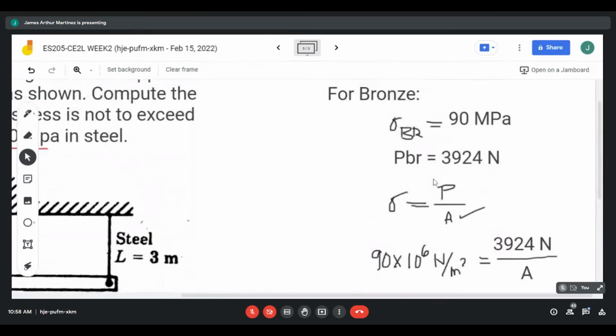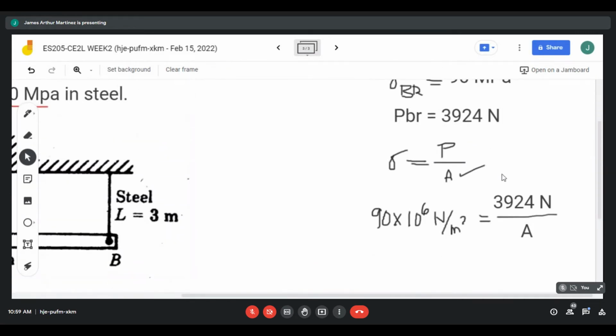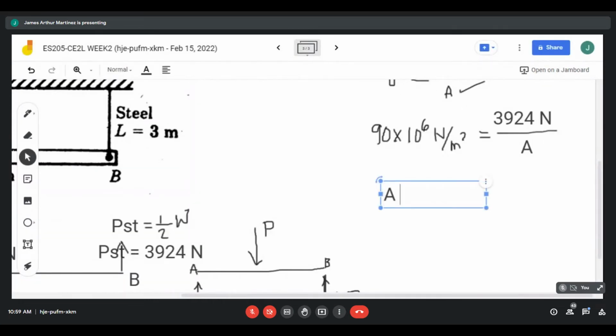So of course, since naka-Newton per meter squared man ang stress, so ang ato pong applied load dapat naka-Newton pod siya. So dili ka mogamit og kilonewton. So masayop ka ana if 3.9 kN ang imong ibutang dire sa imong calculation. So anyway, area is now equal to pila man ni siya. So 90 times 10 to the power of 6.